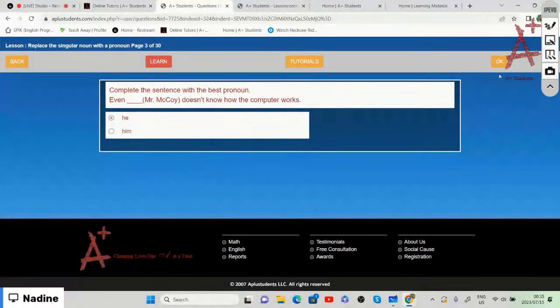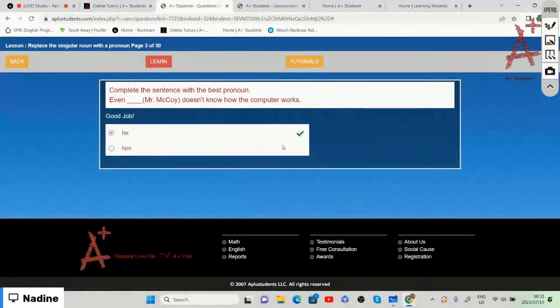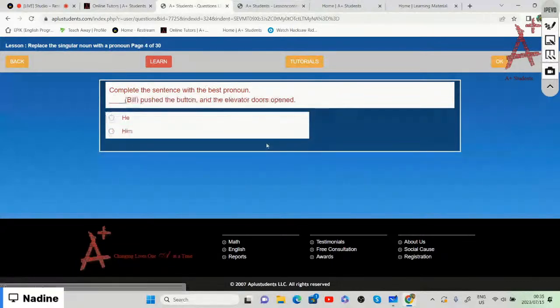All right, so he, right? So he doesn't know how the computer works. That is the correct pronoun that we chose to replace the noun.